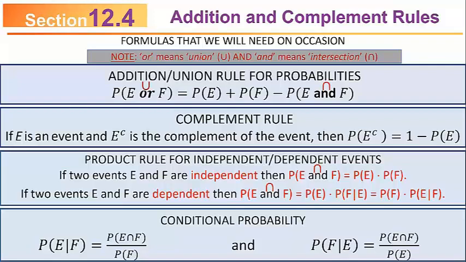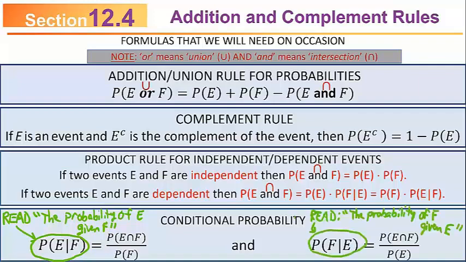Before I leave this, I told you I'm going to rotate back to this later, but I will say, if you use that notation with the vertical line, it's read the probability of E given F. The vertical line is read as given, or given that. So of course the probability of F given E is when the E and the F are flipped around the vertical line.